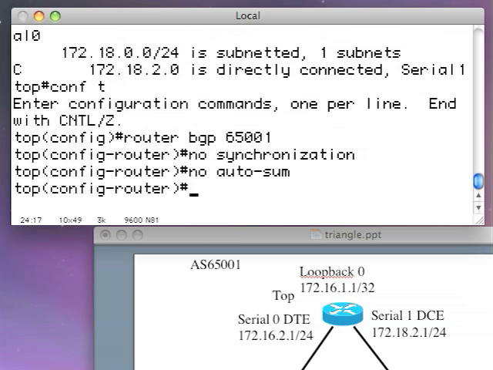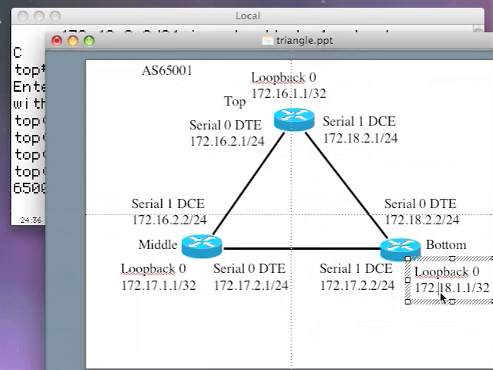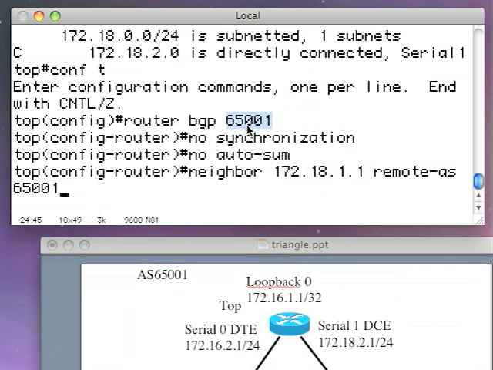And I have 2 neighbors, so neighbor 172.18.1.1 remote-AS 65001. So this is the IP address of the loopback of this neighbor down here, and the remote autonomous system number is 65001, and because my autonomous system number is 65001, the router knows that this is iBGP and will apply iBGP rules.